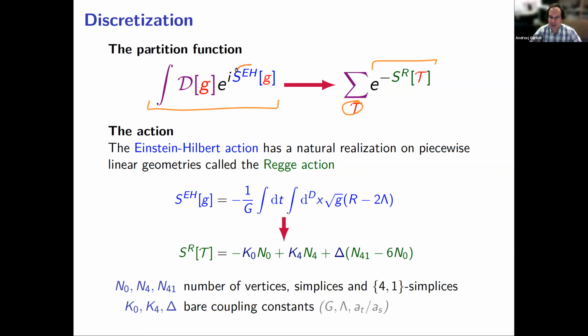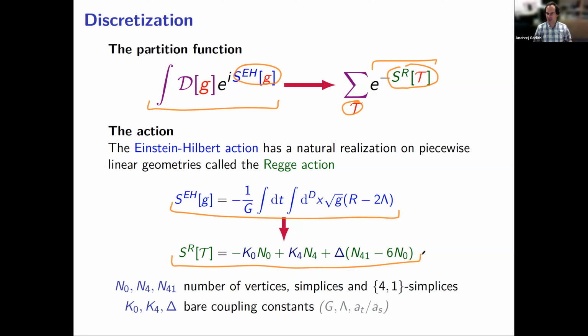Another difference is that in the continuum we have the Einstein-Hilbert action, but we can also compute it directly on a triangulation, and then we end up with the Regge action, which has a very simple form. It is just a linear combination of some global parameters like the number of vertices, number of simplices, and number of simplices of some specific type, with coefficients which depend on the coupling constants in the continuous action, Newton's gravitational constant and the cosmological constant.